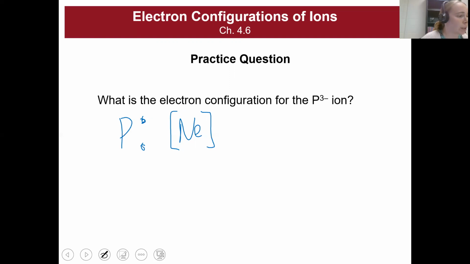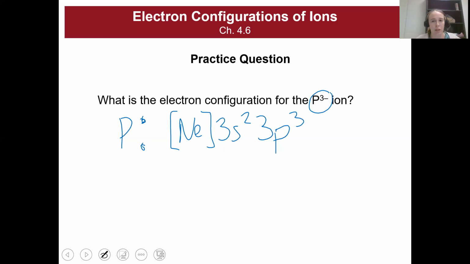So we've got neon, and then 3s2 electrons, and 3p3 electrons. That's the electron configuration for the phosphorus atom. Now we're going to add 3 electrons because we need a negatively charged ion.